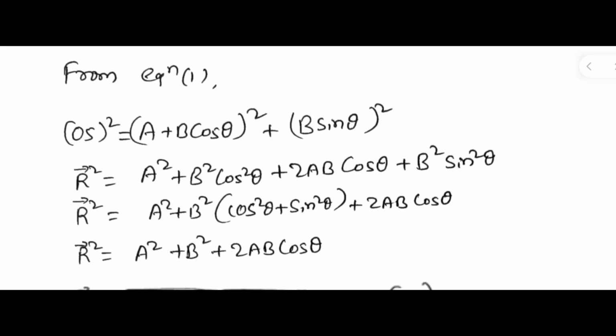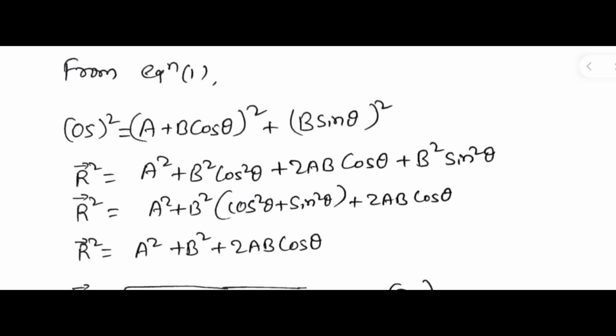That becomes R square equal to A plus B cos theta whole square plus B sin theta whole square. Expanding, that becomes A square plus B square cos square theta plus 2AB cos theta plus B square sin square theta. A square as it is, and B square is common for two terms, so taking B square common, we get cos square theta plus sin square theta in the bracket.